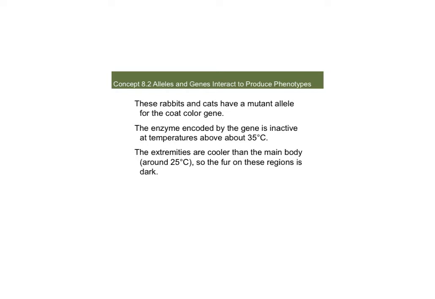The enzyme encoded by that gene is only going to work at temperatures below 35 degrees. So anything above that is going to be inactive. These extremities, like their ears and paws, the parts that are colder than the main body, are going to be a different color because of the activity level of that enzyme being made.